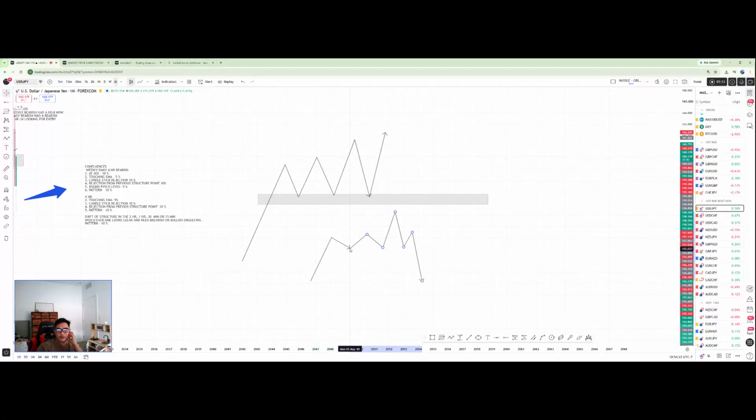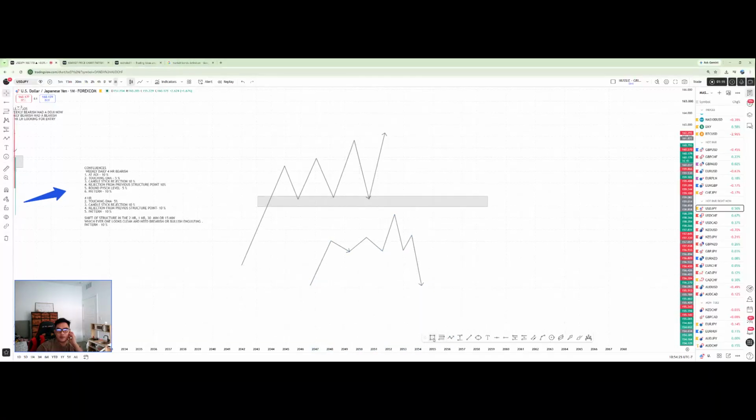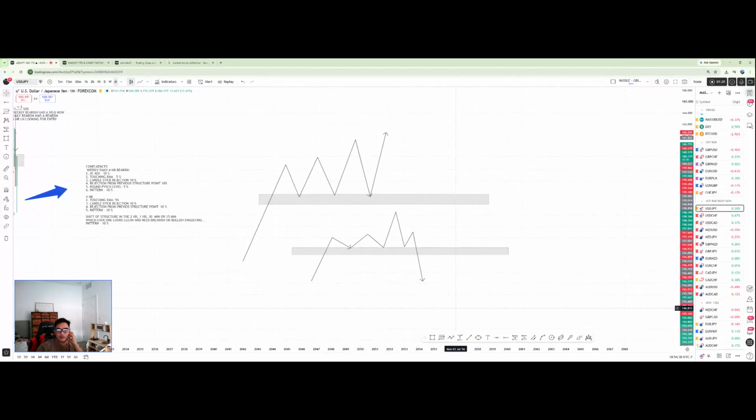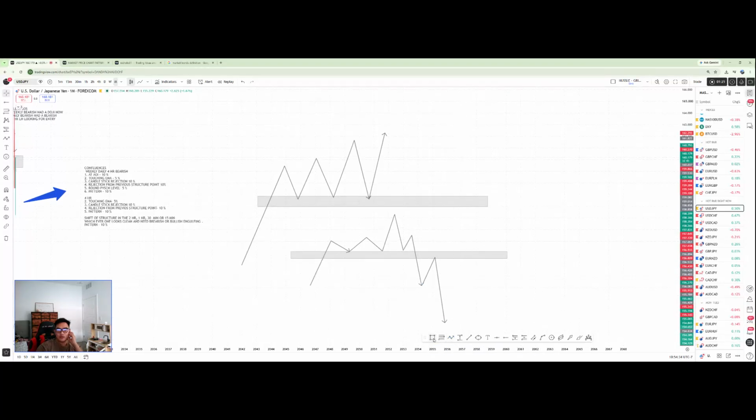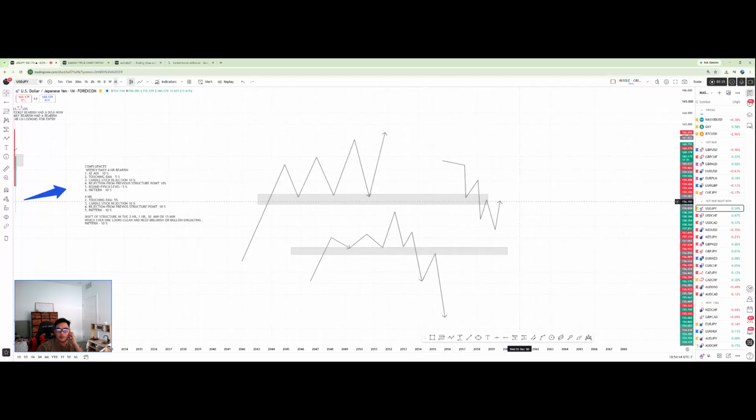Something like that. Now you have a break here. So all you need to wait for is something like a support, a pullback, to continue to go down, or a bearish trend, something like that, to continue to go down as well. That is your area of interest.